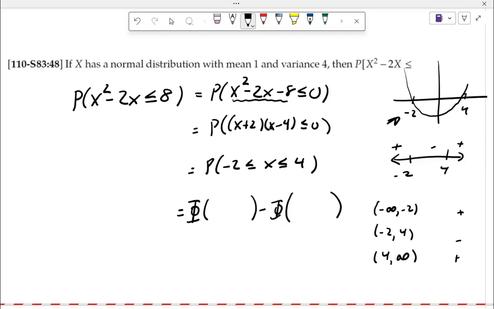What would be inside the parentheses? 3 halves. Okay, yep, so 4 minus 1 over 2. Exactly right, 3 halves. What would the other one be? -2 minus. Good. So you get phi of 3 halves minus phi of negative 3 halves, and finish it off from there.